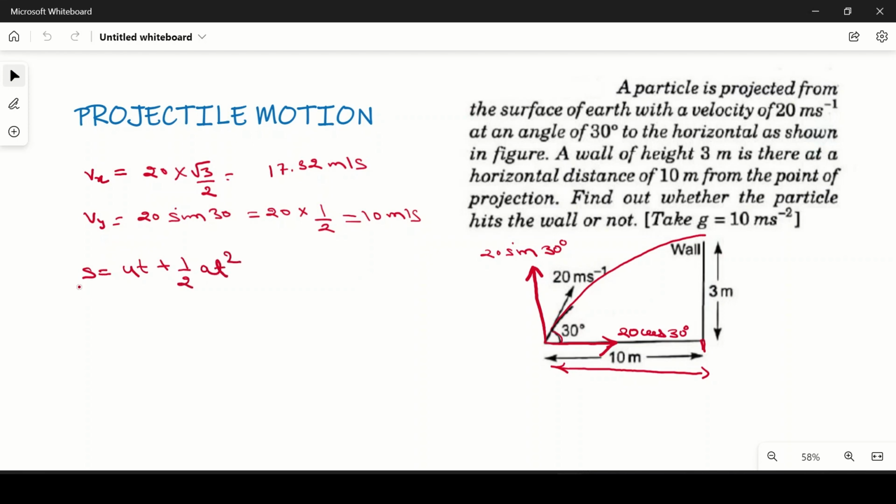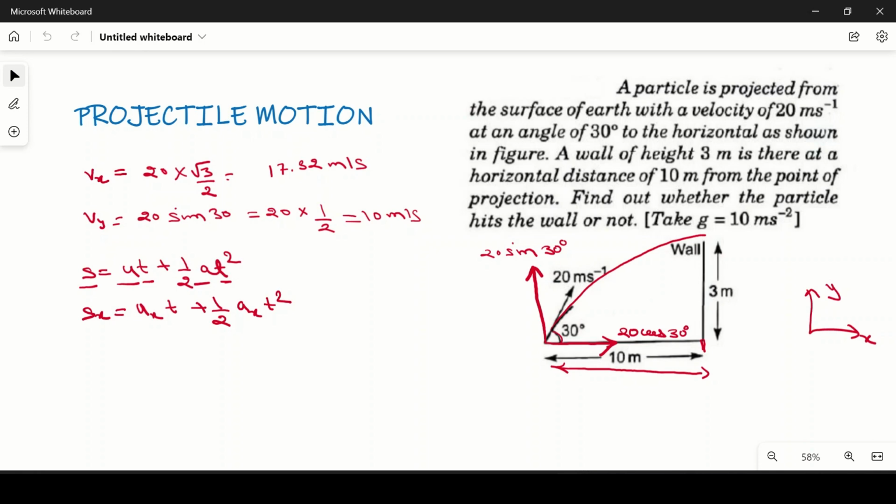Here S is the total displacement, u is initial velocity, a is acceleration in that direction, and t is time taken. If we see in horizontal direction, then Sx is equal to ux into t plus half ax into t square. X means in horizontal direction, because our axes are x-axis and y-axis.